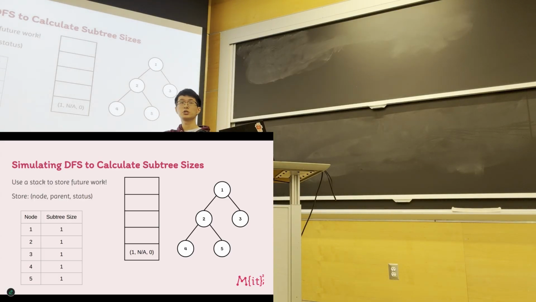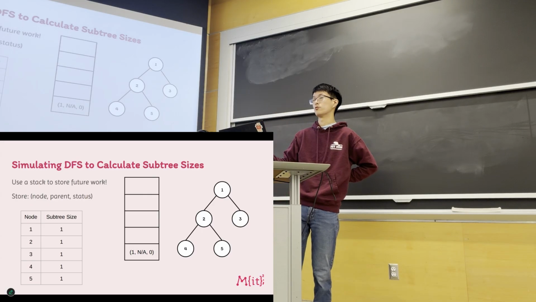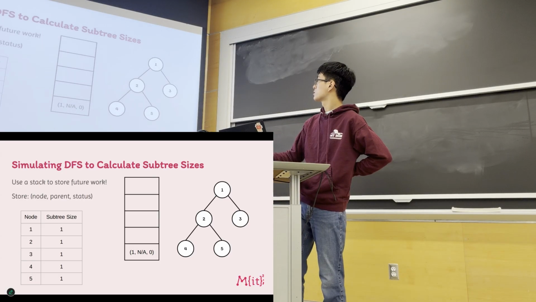We also initialize all of our subtree sizes to 1, since each node contributes 1 to its subtree size. So we initialize our stack with 1, which doesn't have a parent since it's the root, and a 0 status because we haven't processed it yet. This is like our initial call to our DFS function in the recursive method.